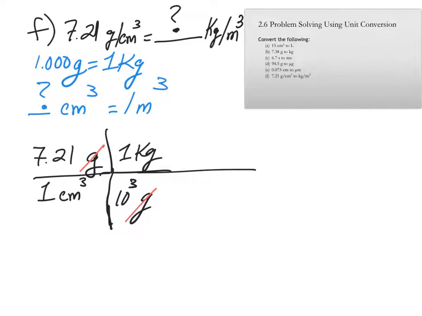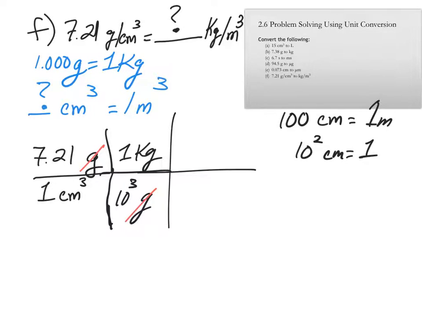Grams cancel out. Now, we have to deal with the cubic centimeters. You know that there are 100 centimeters in a meter, or I could say 10 to the 2nd centimeters in 1 meter. So I could write that in here. Let's say 10 to the 2nd centimeters per each meter.